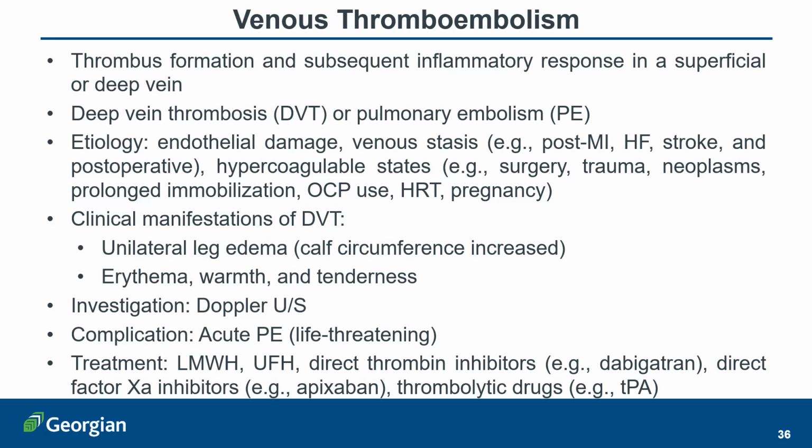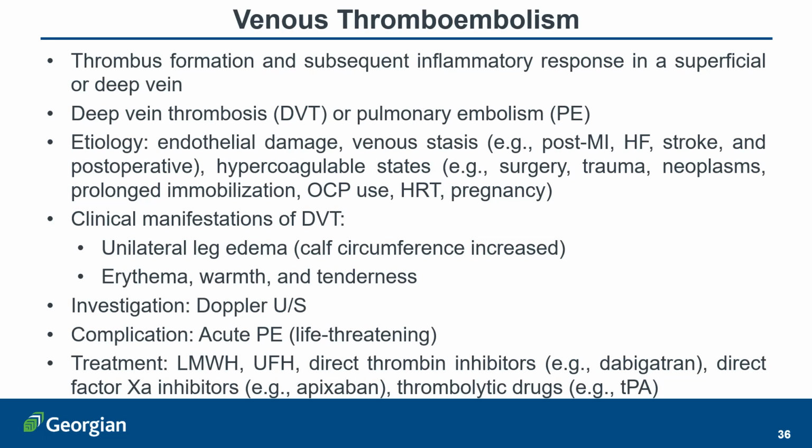Alternatively, another way to explain the leg edema is that venous blood flow back from the leg is reduced, and that in turn causes increased hydrostatic pressure in the venous system, causing leg edema. The other classical clinical manifestations of deep vein thrombosis include erythema, as the blood starts pooling in the vein in the lower extremity, warmth, and tenderness.